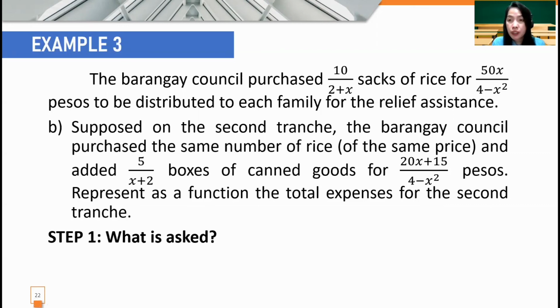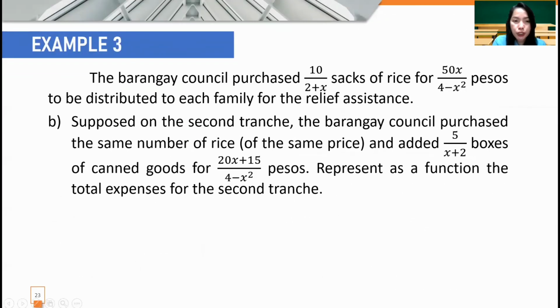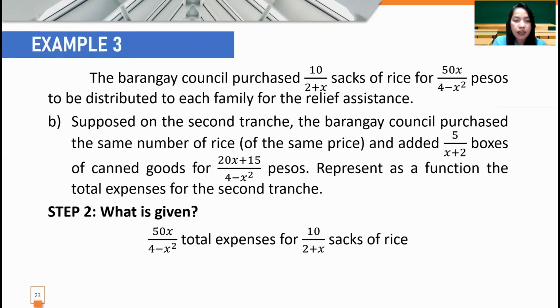For step number 1, what is asked? Given this condition, you have to represent using rational function the total expenses for the second tranche. For step number 2, what is given? Ang given, we have 50x all over 4 minus x squared.